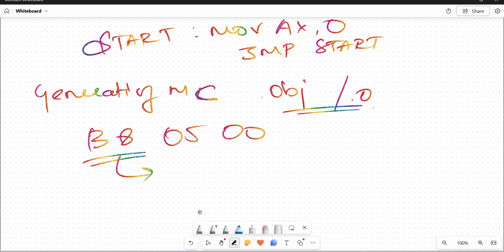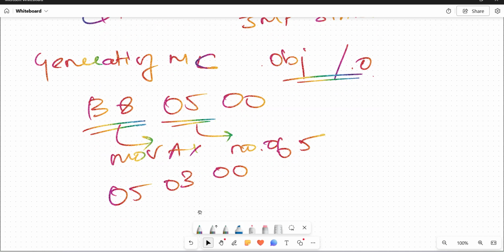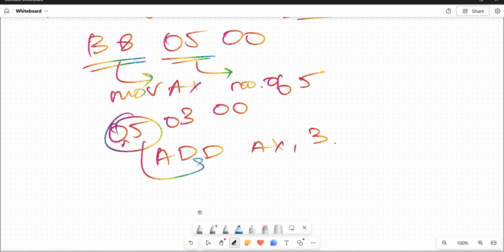This B8 is the opcode for MOV AX and the 05 is the number 5. Okay, little endian form. Same as 05, 03 and 00 for the assembly code ADD AX, 3. And the 05 is the opcode for ADD AX, and 03 and 00 is the representation of the number 3. Again the little endian format.